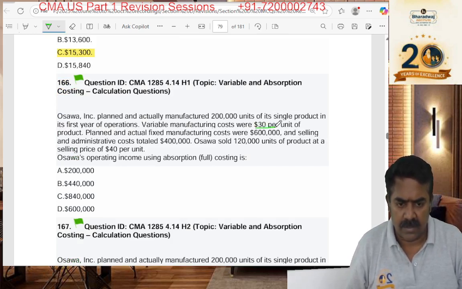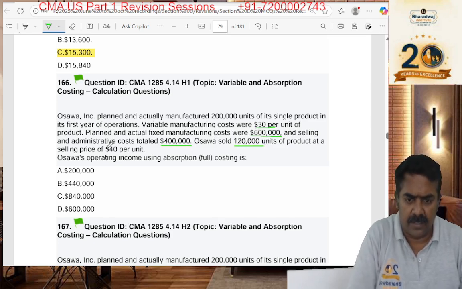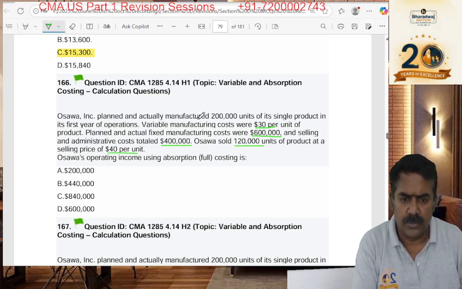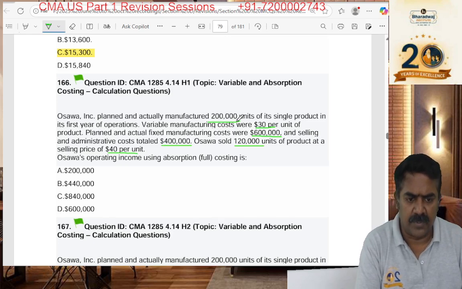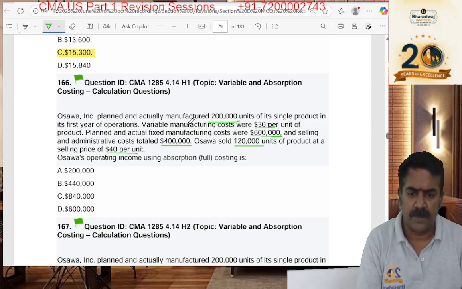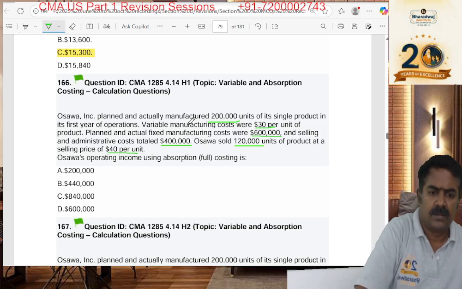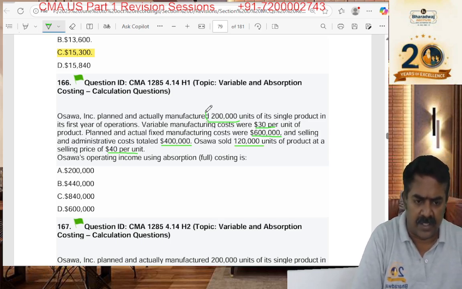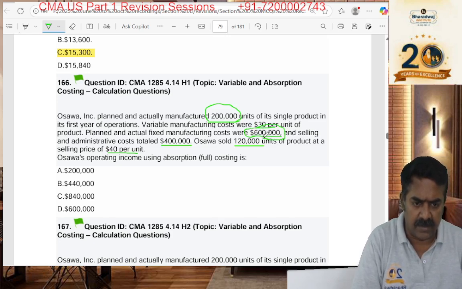Variable cost is 30. Fixed cost is 6 lakhs. Selling cost is 4 lakhs. We sold 1,20,000 units of a product at a selling price of 40. We manufactured 2 lakh units. What is the fixed manufacturing cost per unit? 6 lakhs divided by 2 lakhs, 3 per unit.